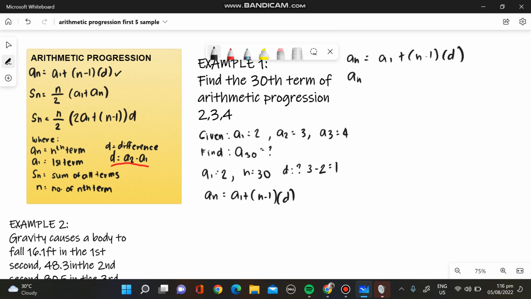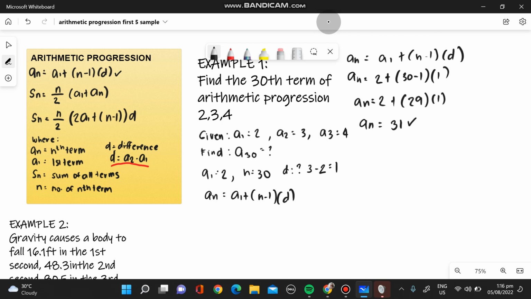So an is equivalent to a1, which is 2, plus n minus 1. We have 30 minus 1 multiplied by d, which is 1. So an is equivalent to 2 plus 29 multiplied by 1. So we have our an value, which is 31. So that is our final answer.